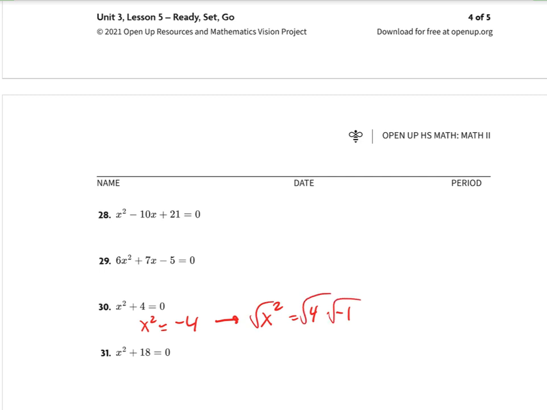We know that the square root of 4 is 2, or I should say plus or minus 2, and the square root of -1 is i. So i squared equals -1, so i equals the square root of -1. All right, and our answer is x is equal to plus or minus 2i.